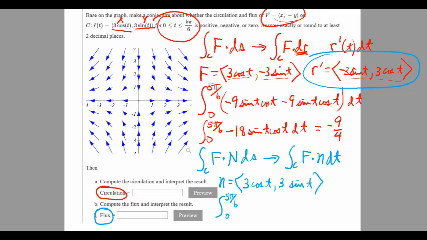The dot product of n and f would be 3 cosine t times 3 cosine t, which is 9 cosine squared t, and negative 3 sine t times positive 3 sine t, or negative 9 sine squared t. Now to do this integral by hand, you will need to employ identities, or we could type it into our TI graphing calculator. And so there are the circulation and flux.